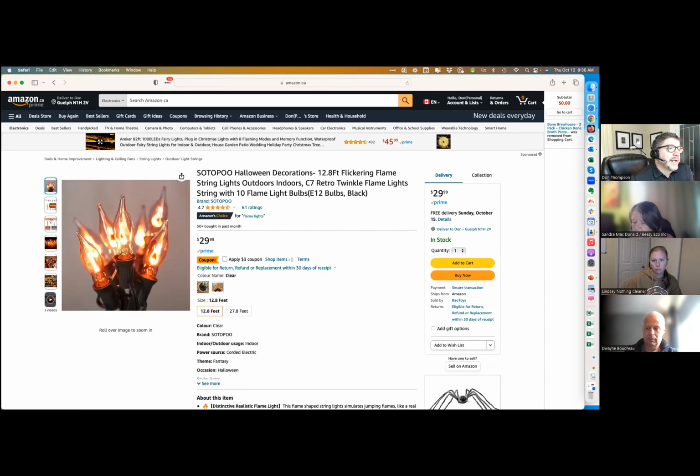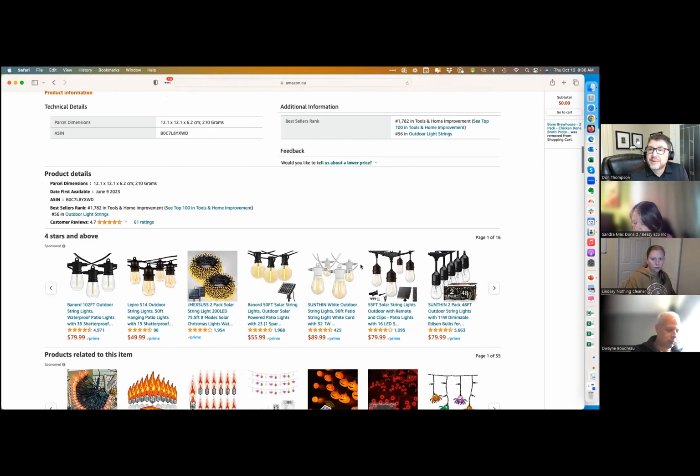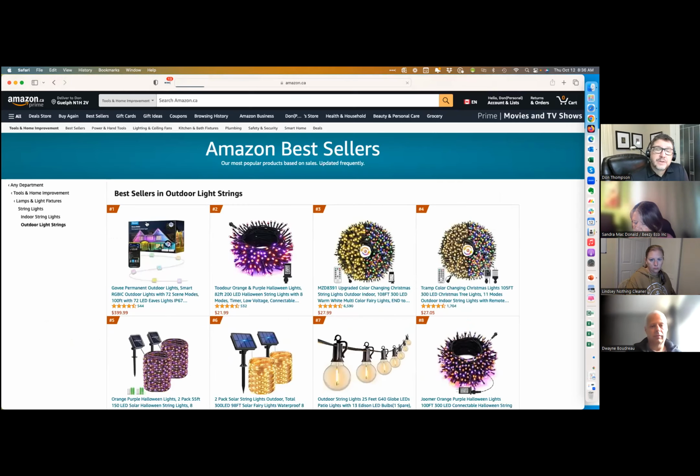Okay. Now, the difference between Amazon's Choice and Amazon bestsellers. So, great question. Amazon's Choice is when somebody searches for a keyword, you're the one that gets picked most likely for that purchase. Okay. Bestseller is inside the category. There's a bestseller list.